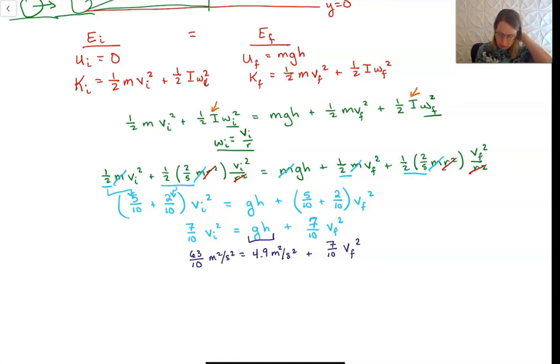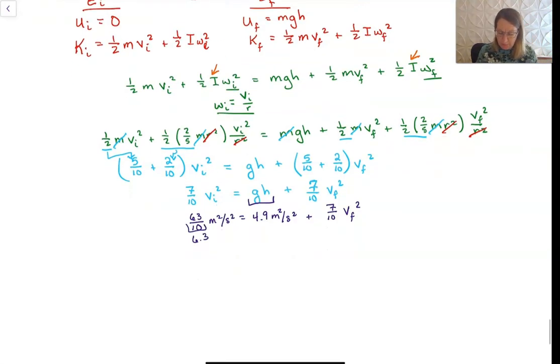So this is a 6.3, obviously. So 6.3 minus 4.9 gives us 1.4 meters squared per second squared is equal to 7/10 v final squared.